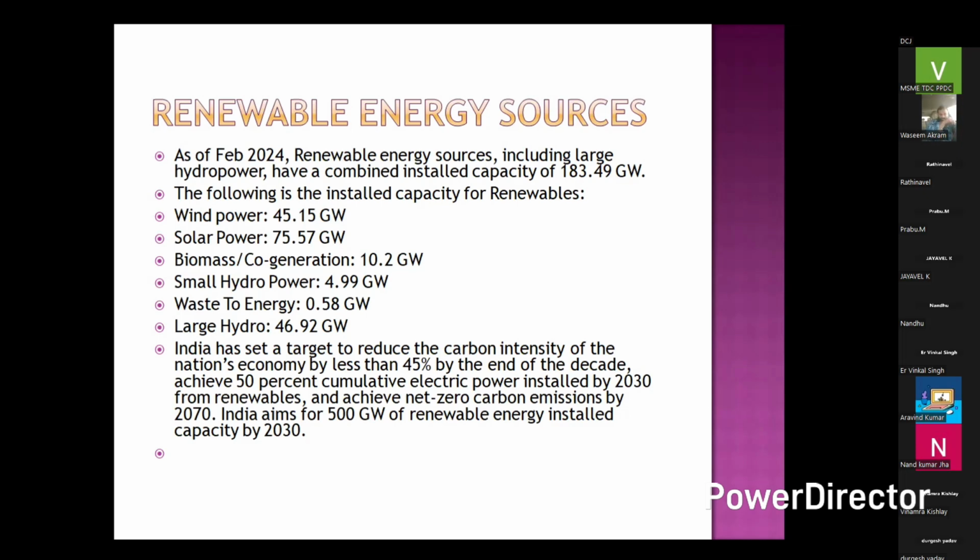Actually, I will tell you all this in detail. When we connect solar with a battery, we call this system an off-grid solar system. When there is no battery, we call it an on-grid solar system. I will tell you all these things in the next classes. But this data is only on-grid solar systems. On-grid means there are no batteries.